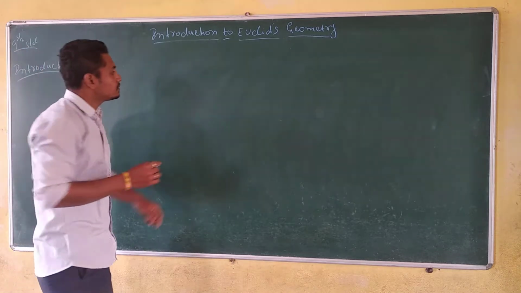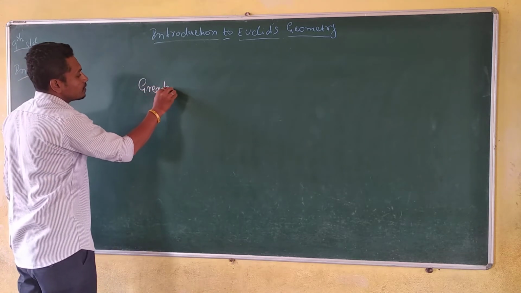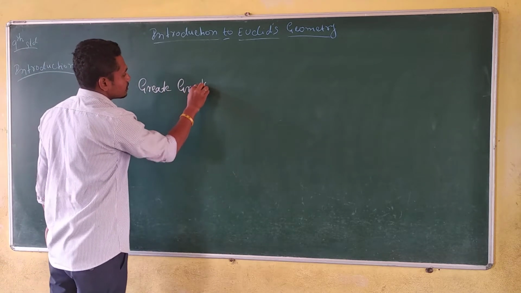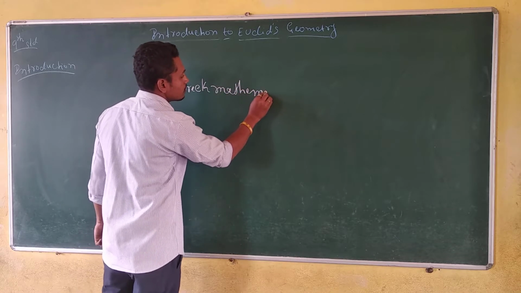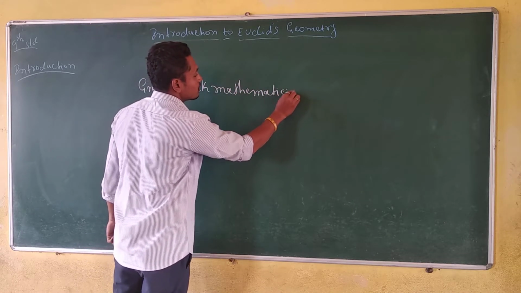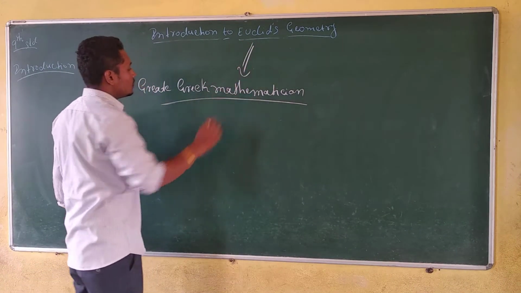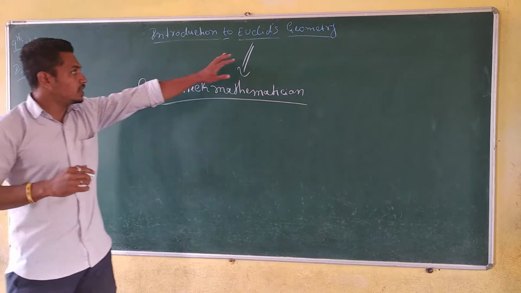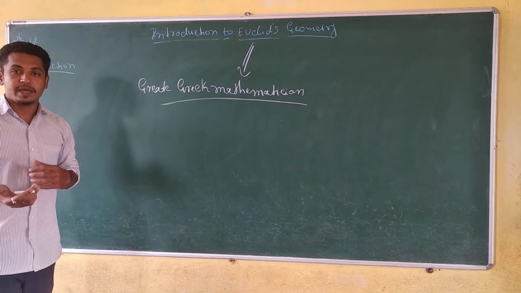Euclid is a great Greek mathematician, okay, and he gave some statements in geometric mathematics.